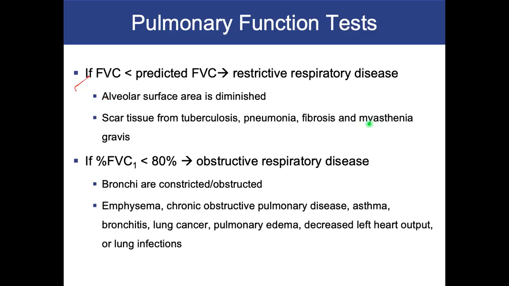I want you to think, why does myasthenia gravis fall under this category? So what is myasthenia gravis? All right, so your body forms antibodies against your nicotinic cholinergic receptors, right? And that is going to affect nerve-to-nerve communication and nerve-to-skeletal muscle communication.